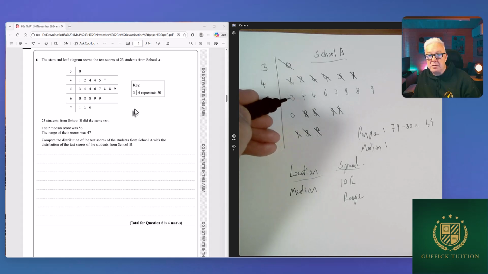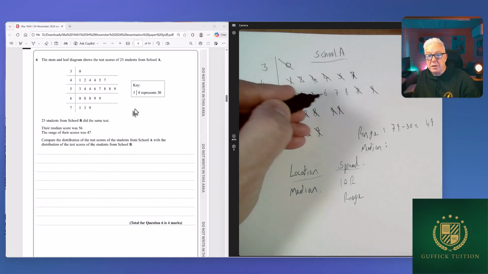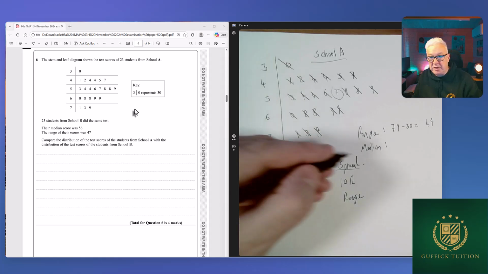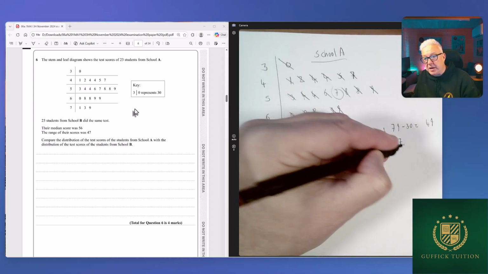And you can see I end up there with 57. 57 as being the median.